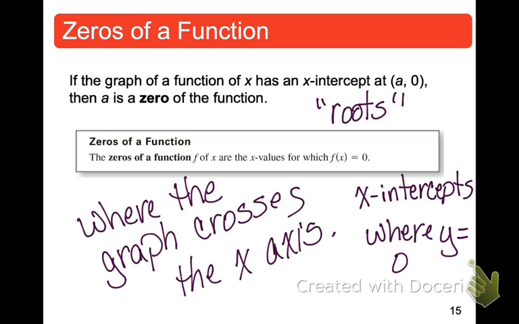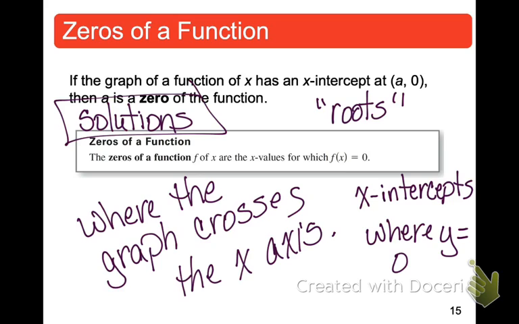Other types of functions, we will mention the y-intercept, but most of everything that drives us is the x-intercepts. And when I talk about a solution, find the solutions of a graph, we're talking about where it crosses the x-axis.